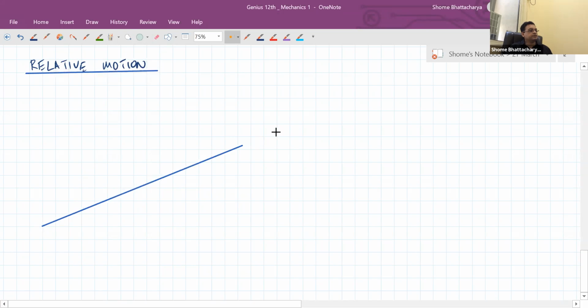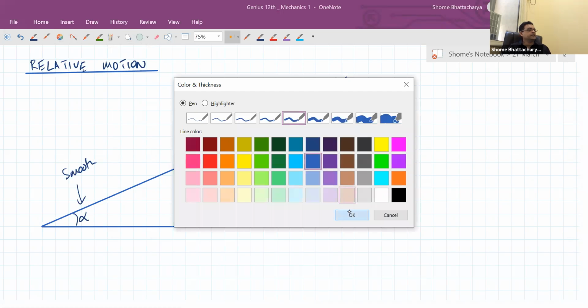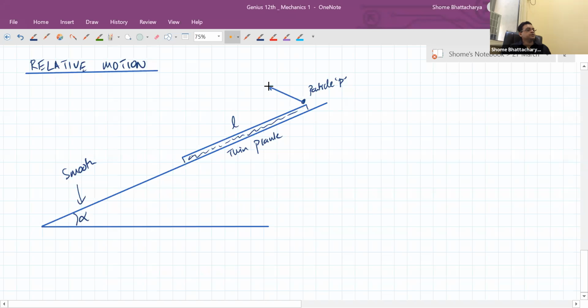So now we have this kind of a situation. We have a smooth inclined plane which is at an angle alpha, and on this smooth inclined plane we have a thin plank of length L. And on the plank we have a particle P. Now this particle is projected at some speed u at an angle beta with respect to the plank.